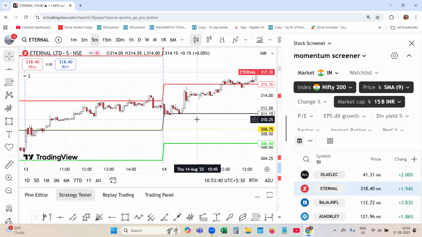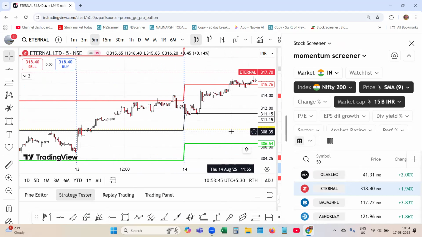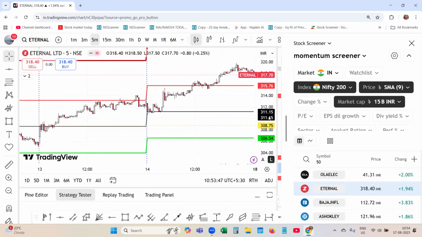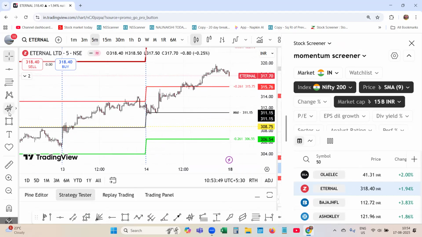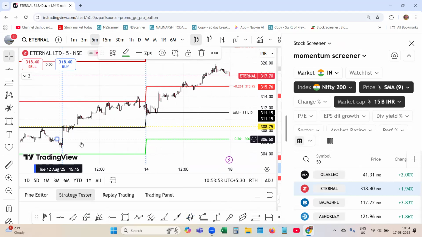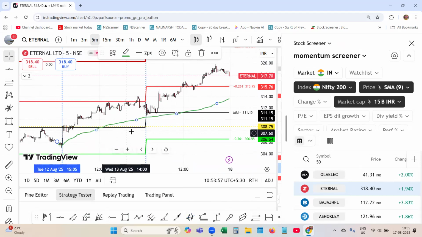So what you can do is, I've applied the indicator. You can take the trade, and additionally you can add anchored VWAP from the bottom of yesterday. Then price is above the anchored VWAP.